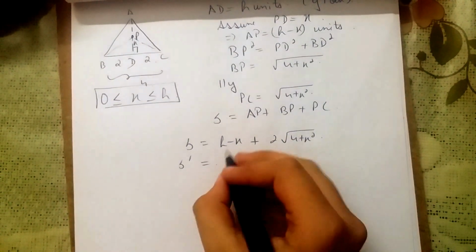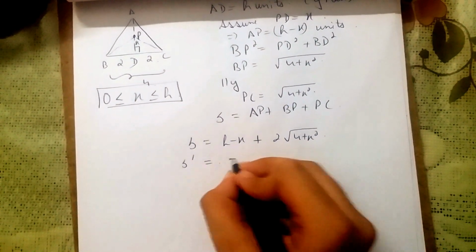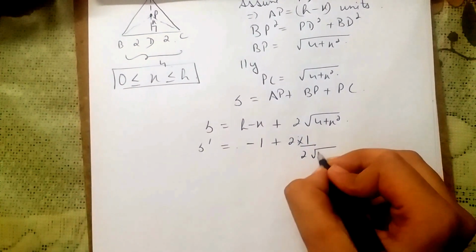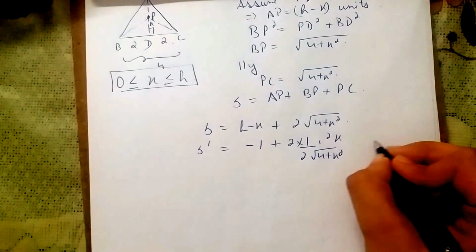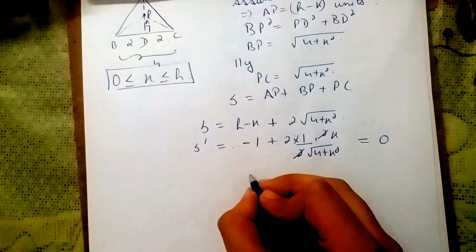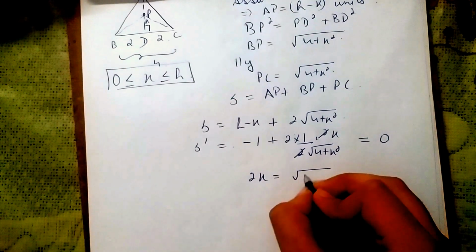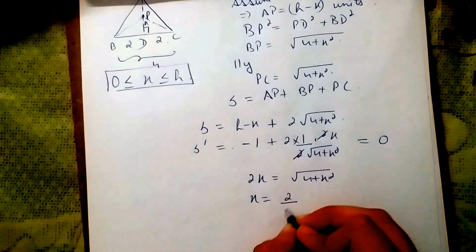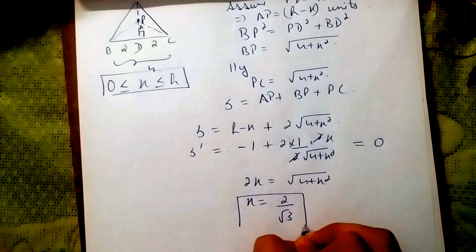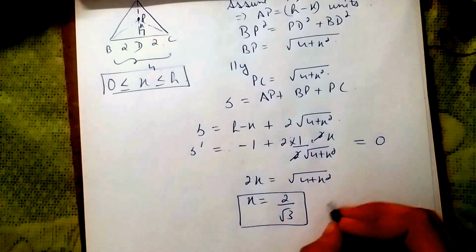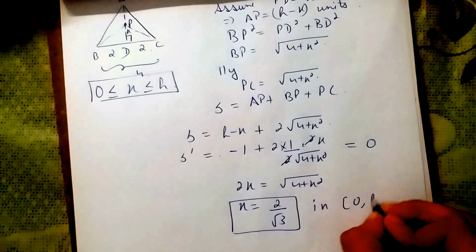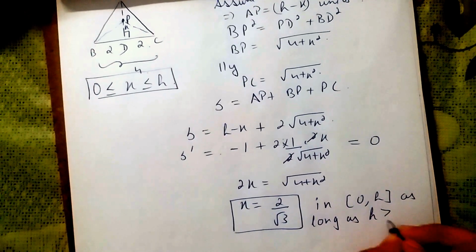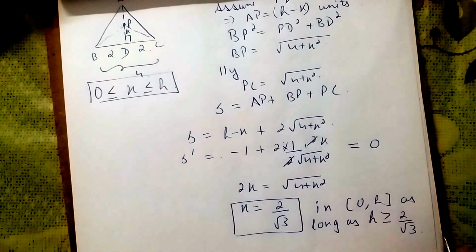Now, taking the first derivative, since h is a constant, we will have minus 1 plus 2 into 1 by 2 root of 4 plus x square into 2x. We need to put this equal to 0. 2x will be equal to root of 4 plus x square. x will be equal to 2 by root 3. We again get one critical point in 0 comma h as long as h is greater than or equal to 2 by root 3.